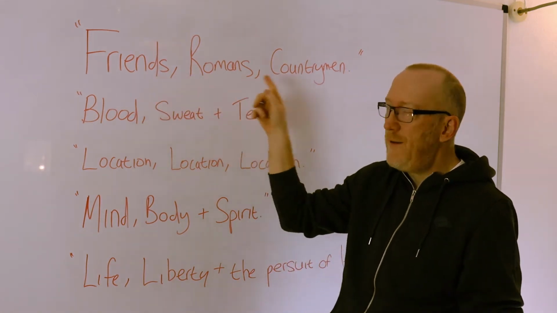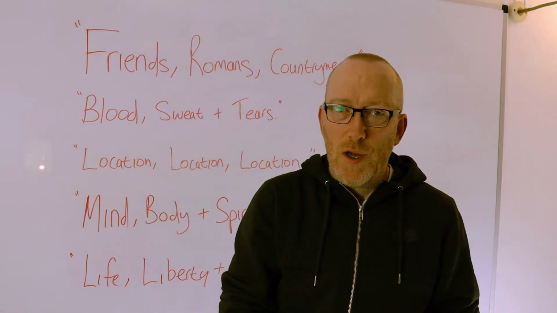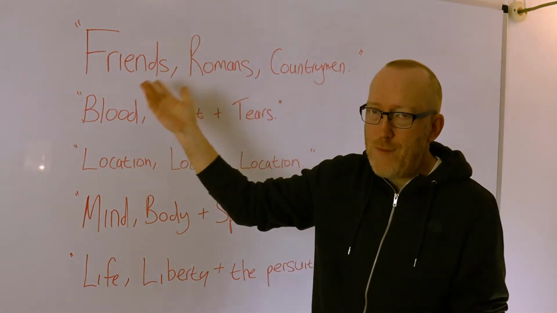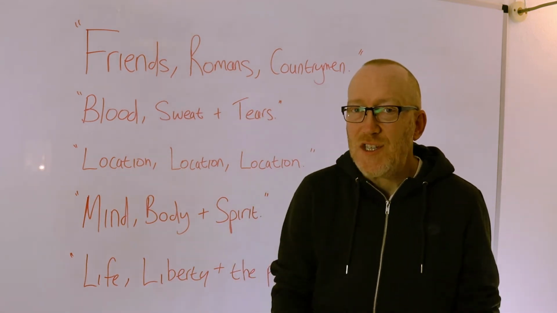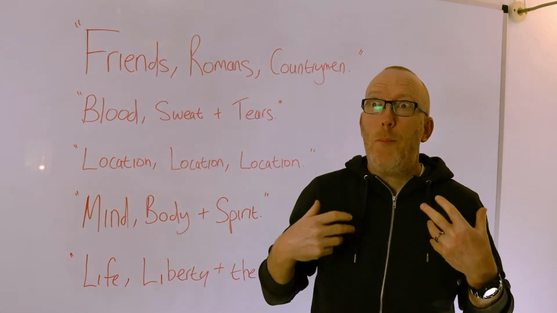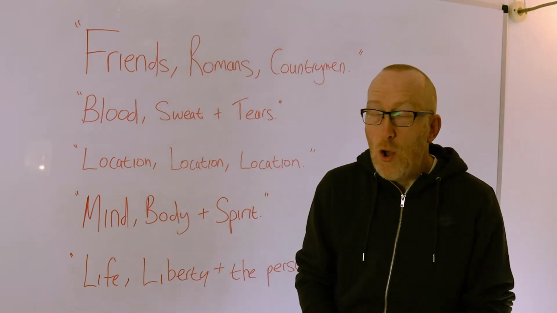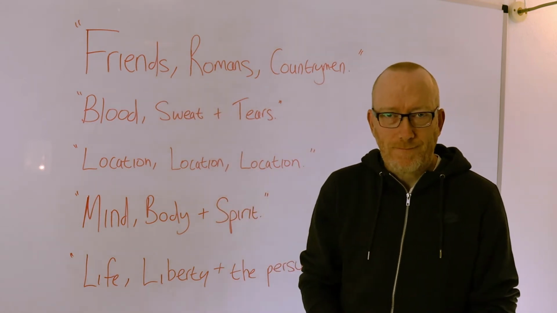And this is just one of many examples that you can find through Shakespeare's work of using threes. Friends, Romans, countrymen just sounds so much nicer, so much better, so much more poetic than just saying friends, or just saying friends, Romans.